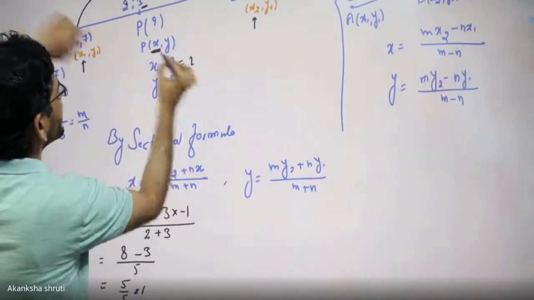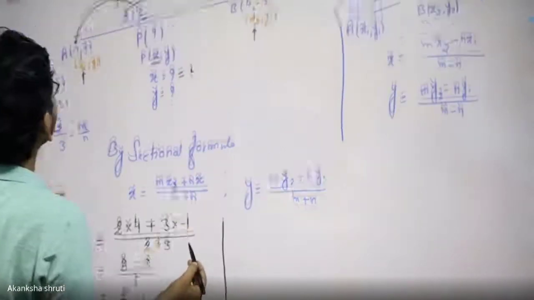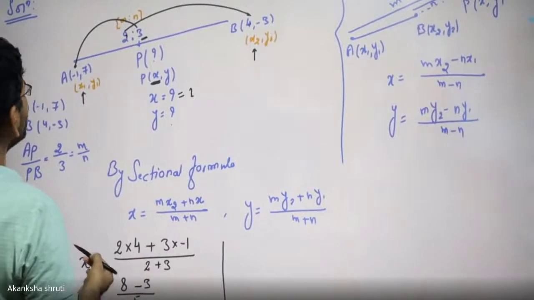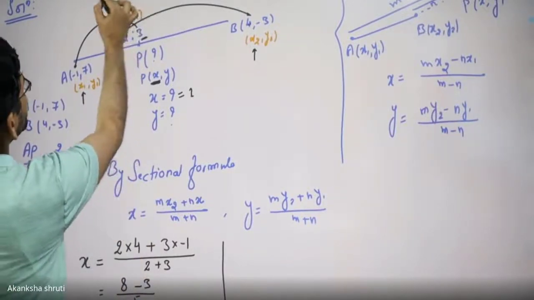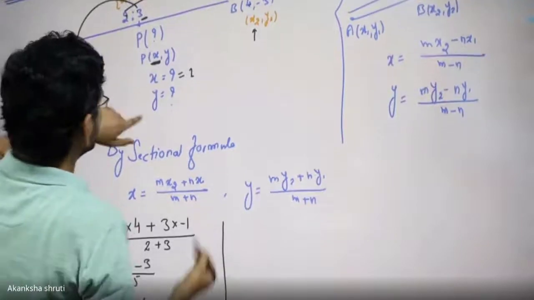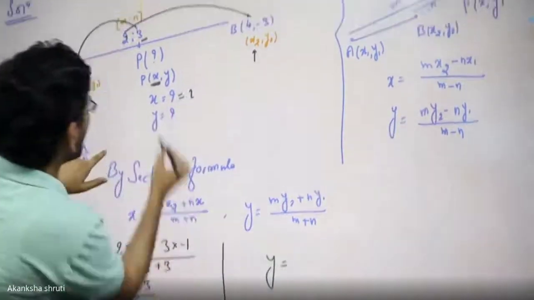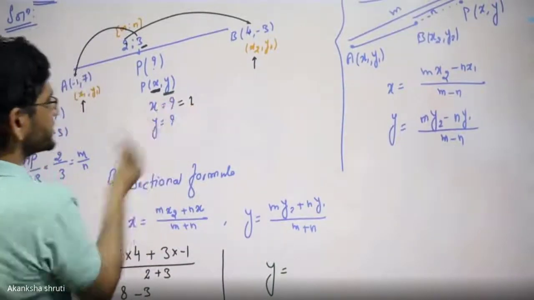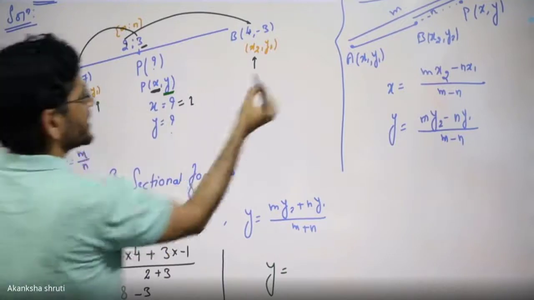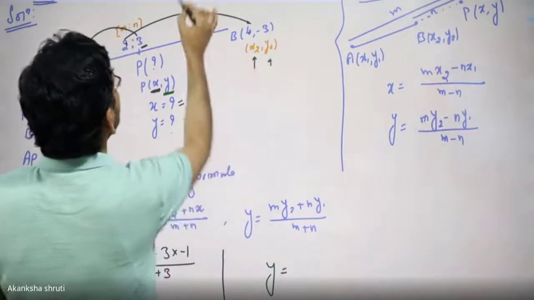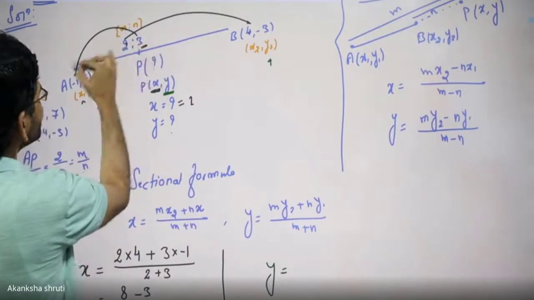Again, keep in mind this point P. But we need to calculate the y coordinate also. Students, for calculating the y coordinate, let us take this y. For this y, we relate the y coordinate of the first point A and the y coordinate of the second point B. Again, the ratio remains as it is.